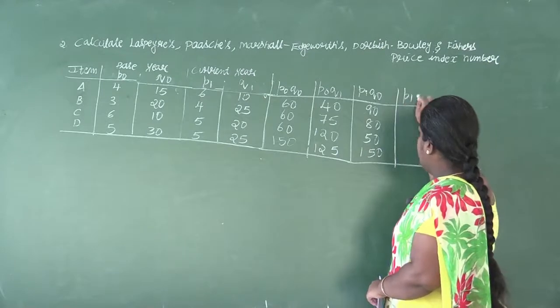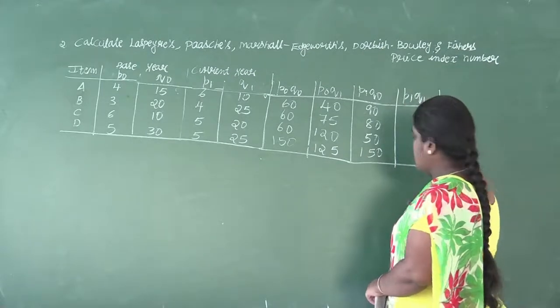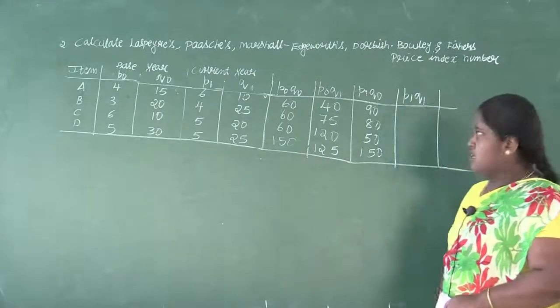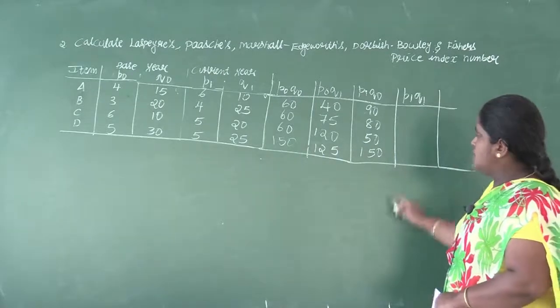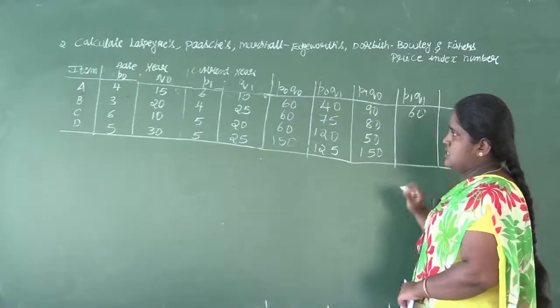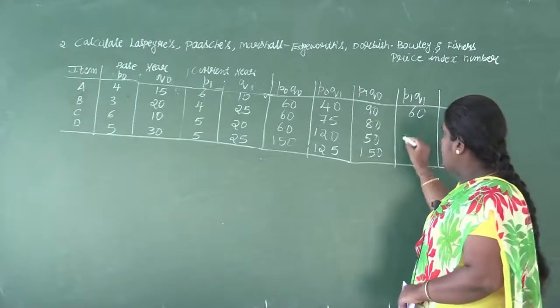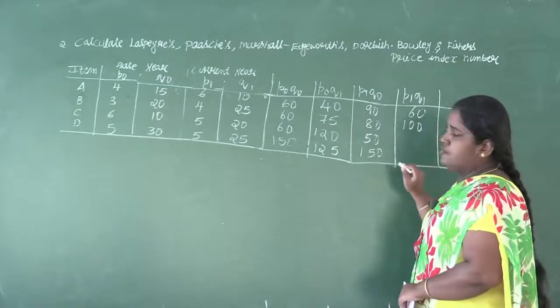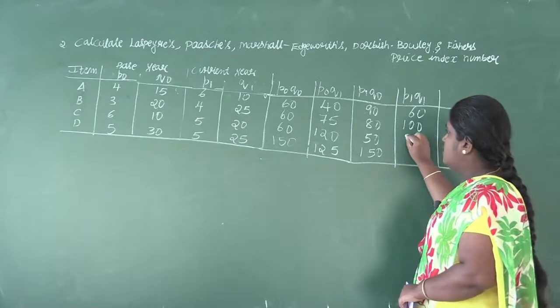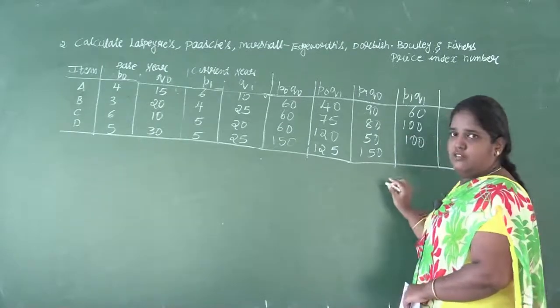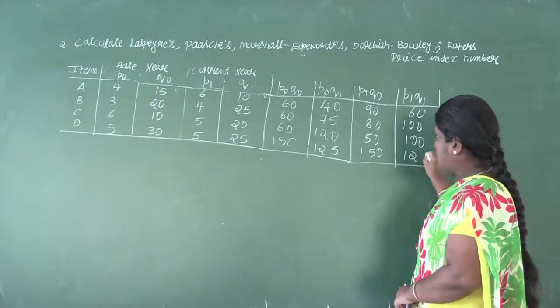Then multiply the current year price and the current year quantity. P1 Q1: 6 into 10 is 60, 4 into 25 is 100, 5 into 20 is 100, 5 into 25 is 125.